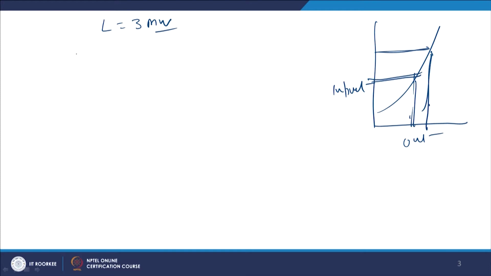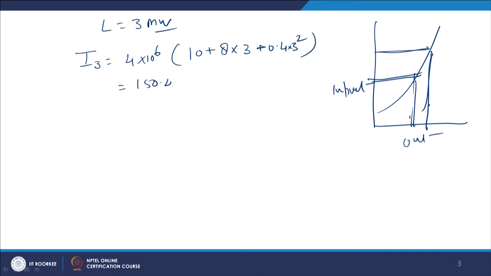When L is equal to 3 megawatt, I3 is equal to 4 into 10 to power 6, 10 plus 8 into 3 plus 0.4 into 3 square, and this will be equal to 150.4 into 10 to power 6 kilojoules per hour, because I is expressed in kilojoules per hour.